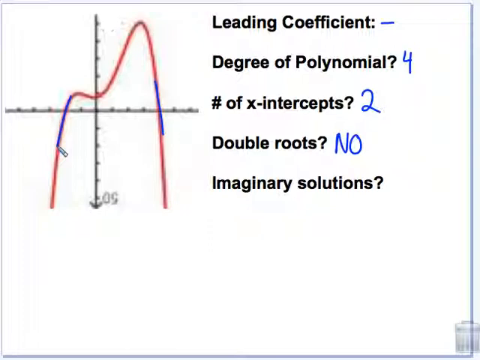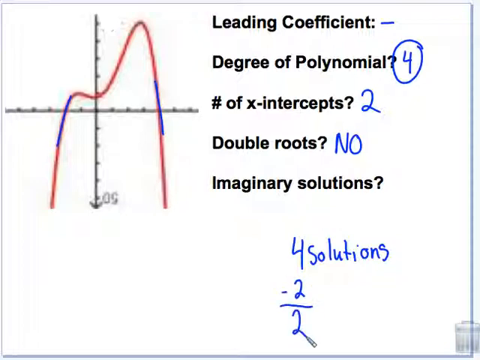Because my degree is 4, I should have 4 solutions. However, I only have 2 x-intercepts. So 4 minus 2 is 2. Because I have no double roots, the only other option is that I have two imaginary solutions.